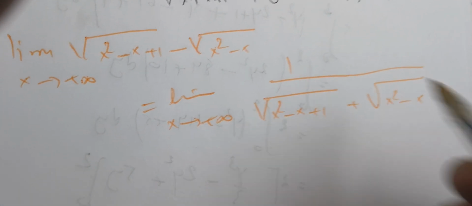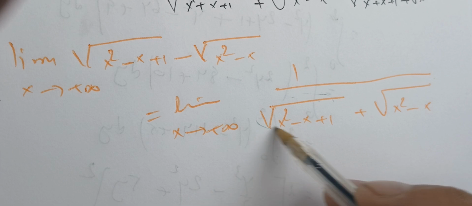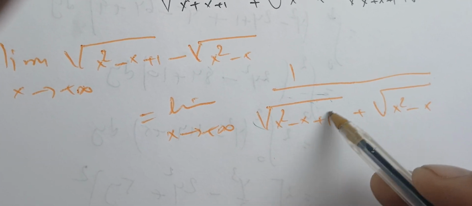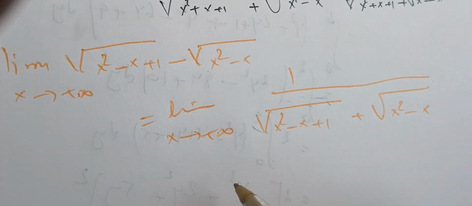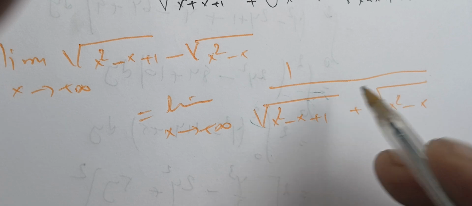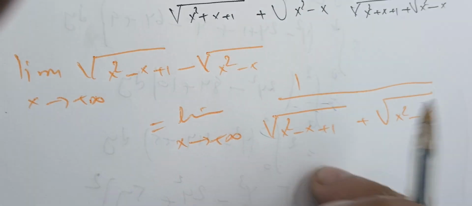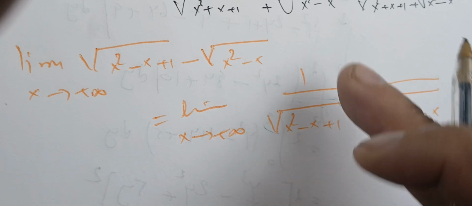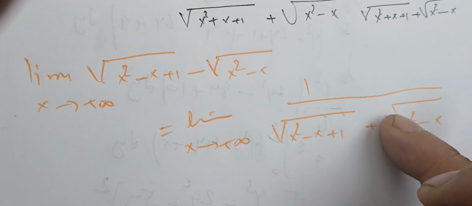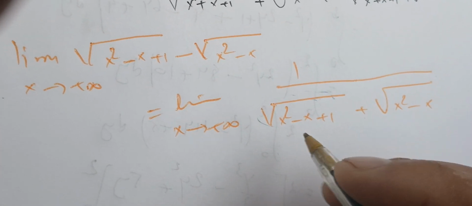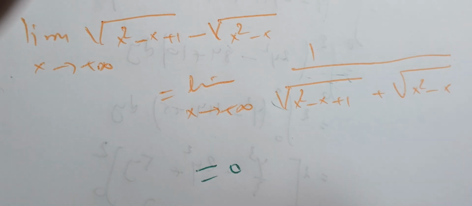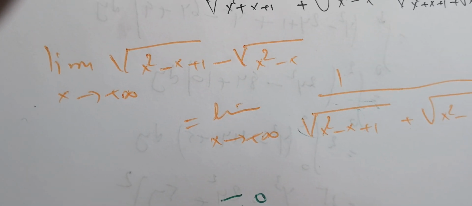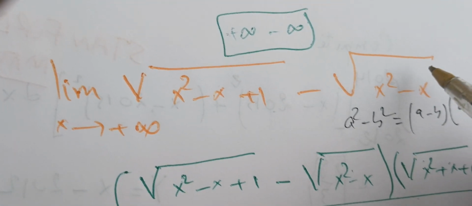The denominator goes to plus infinity, and 1 over plus infinity is 0. Therefore this limit is 0, and this means that the original limit is 0.